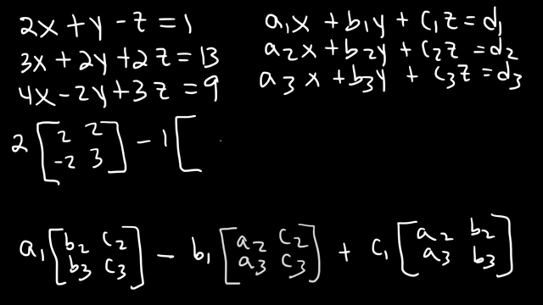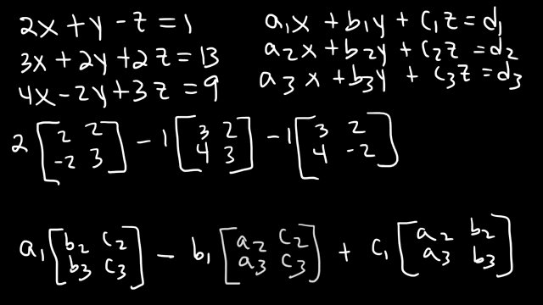And then a2 is 3, a3 is 4, c2 is 2, and c3 is 3. And then plus c1, which is negative 1. So c1 is in front of z, that's negative 1. And then a2 is 3, a3 is 4, b2 is 2, b3 is negative 2.